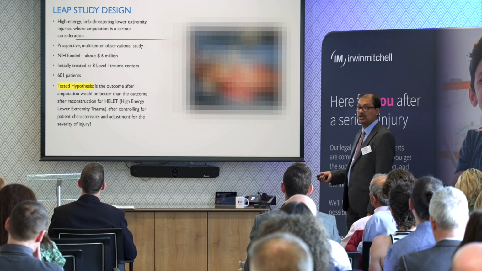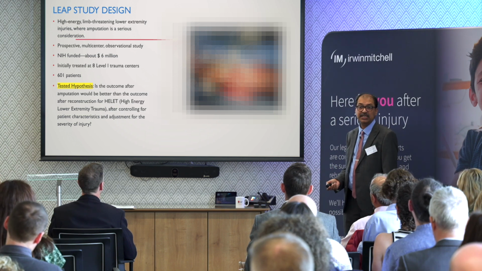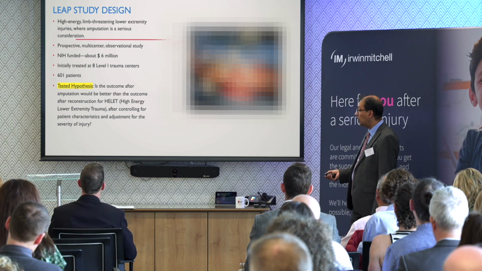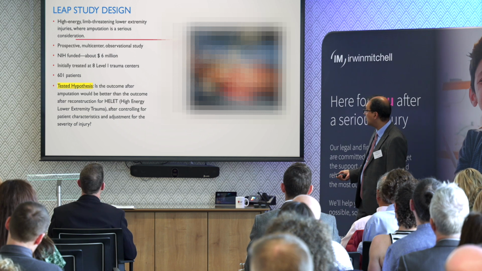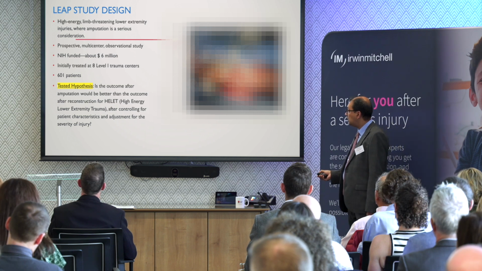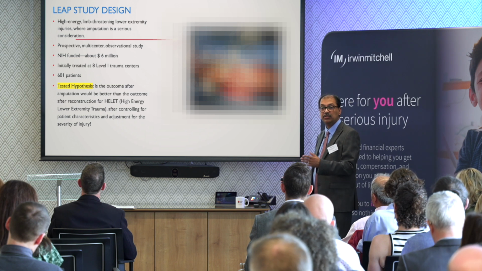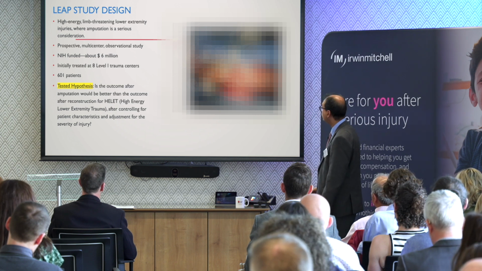Likewise the severity of the injury: if the injury severity is extreme, then whatever you do, sometimes all the efforts fail. But this is the hypothesis they thought about, and they are testing whether it is true or not.